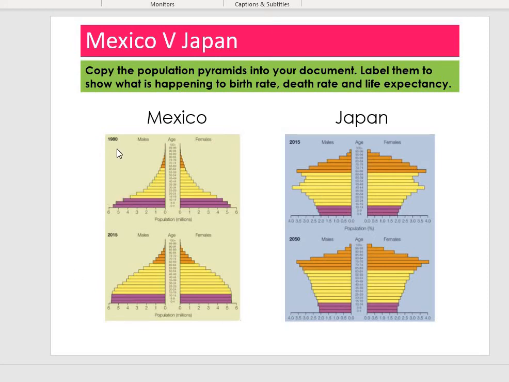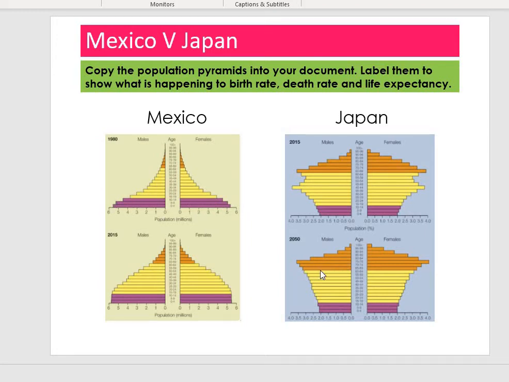So with the one from Mexico from 1980, a huge challenge, because look how wide this bottom is. Look at all those children who need to be educated, who need healthcare, but look how thin the amount of workers is as compared to that. So just by looking at this population pyramid, we know that the dependency ratio for young children is pretty high, and that's a challenge.